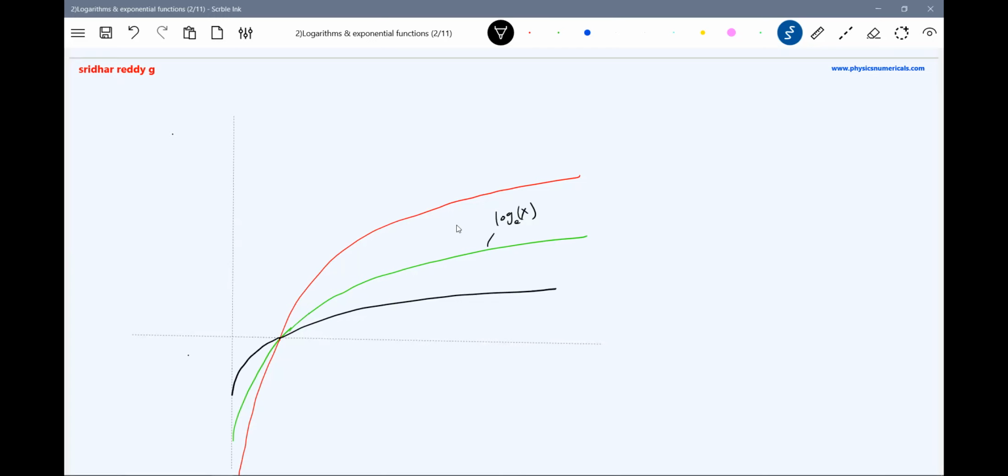A rough plot: this is x, this is y, where y we have plotted for various things. So this is log x to the base 10, and this is log x to the base 2. So we have plotted the various functions: y equal to log x to the base e, y equal to log x to the base 2, y equal to log x to the base 10.